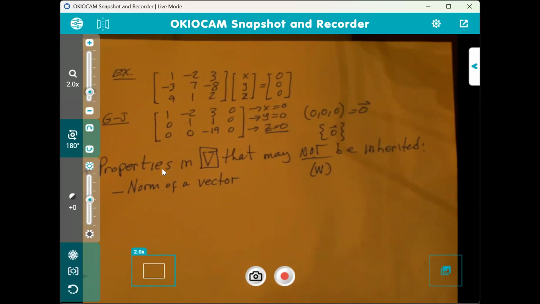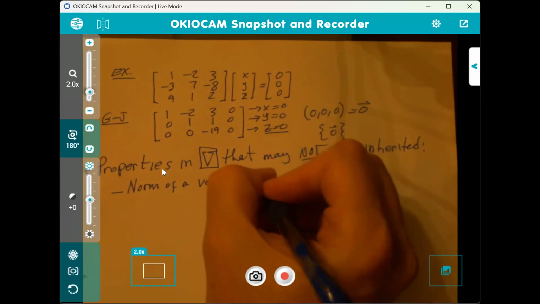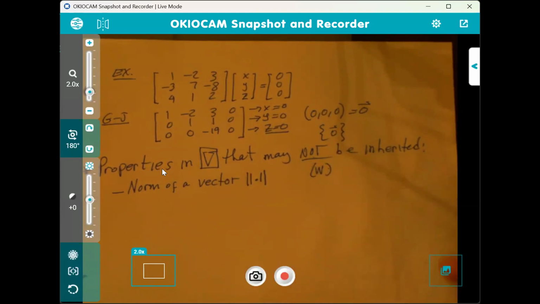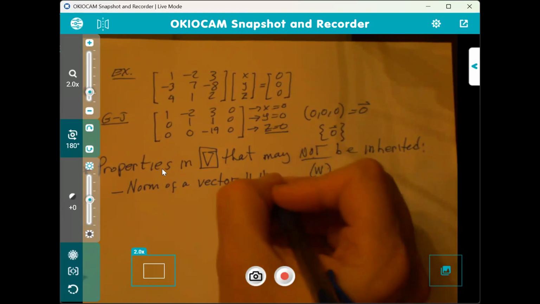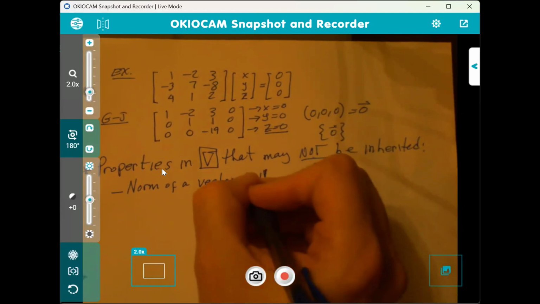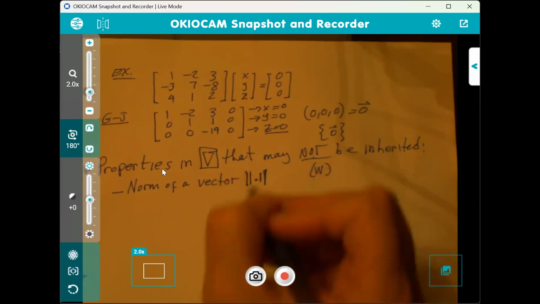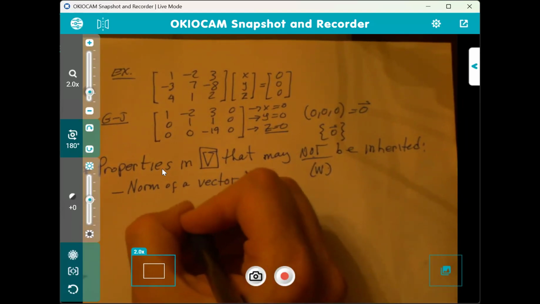Okay, so the norm of a vector, and anyone remember what the norm of a vector is? The norm of a vector is the magnitude of the vector. So for example, V may have a vector, here an example of a norm.